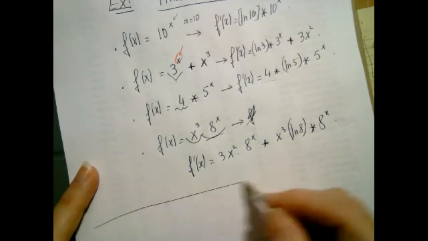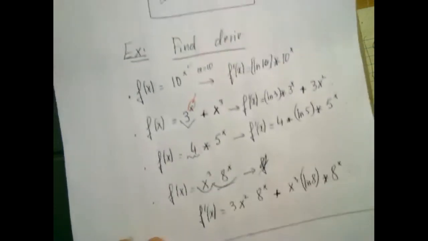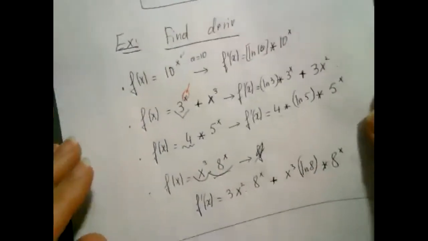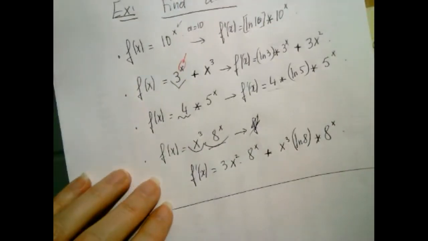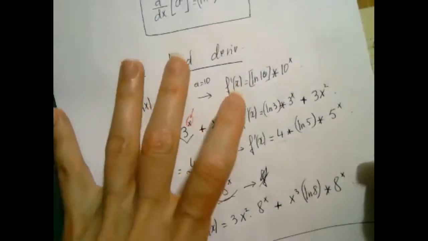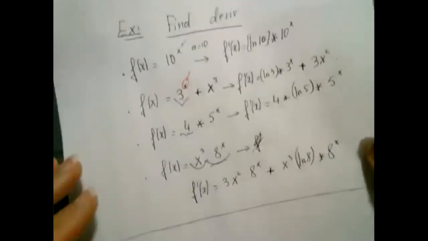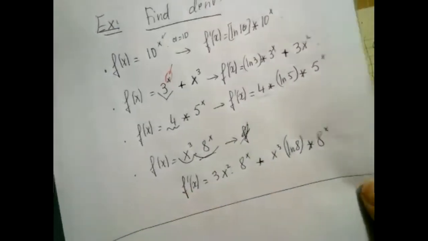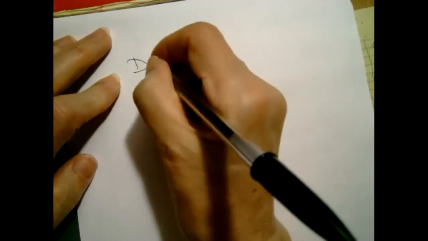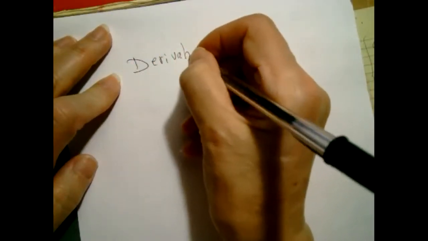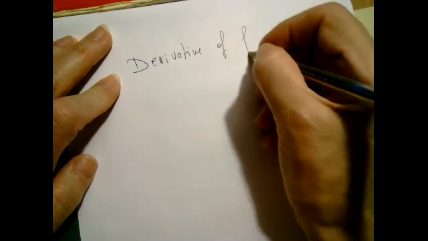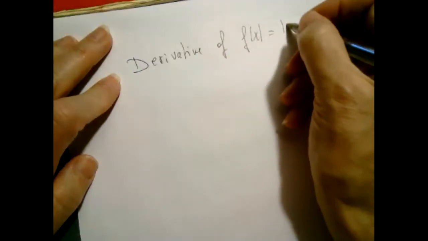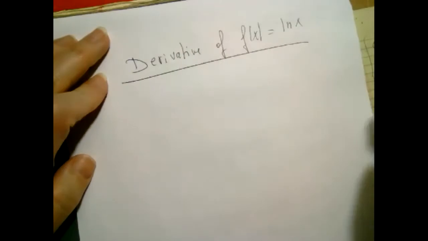Now we're going to talk about the derivative of the natural log. So that was the derivative of the exponential. Part 2 is the derivative of the natural log. They are basically formulas that we have to learn and be able to apply correctly. The derivative of the logarithmic function, which you guys are going to use a lot: f of x equal ln of x, the natural log.